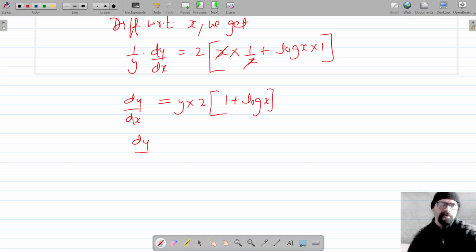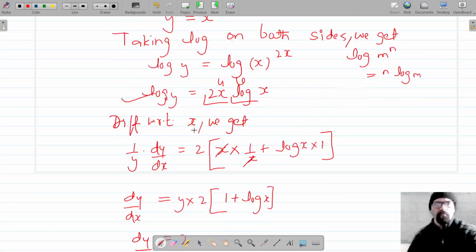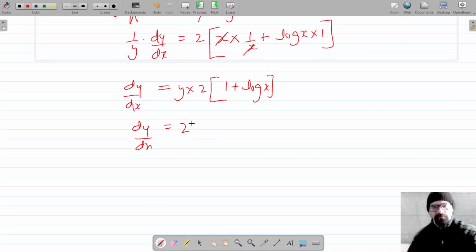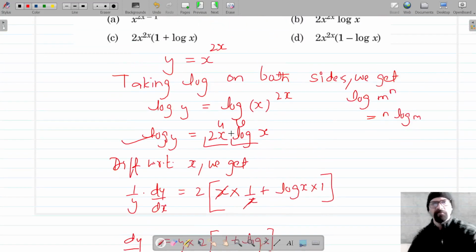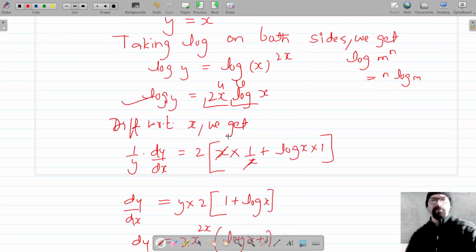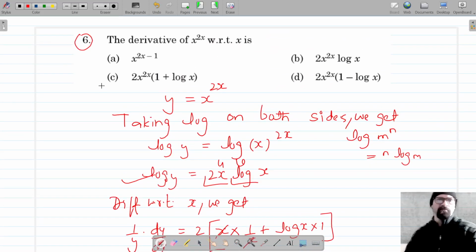So dy by dx is equal to 2y, and y was x raised to the power 2x, so 2x raised to the power 2x into log x plus 1 is the answer. So option C is the answer for this one.